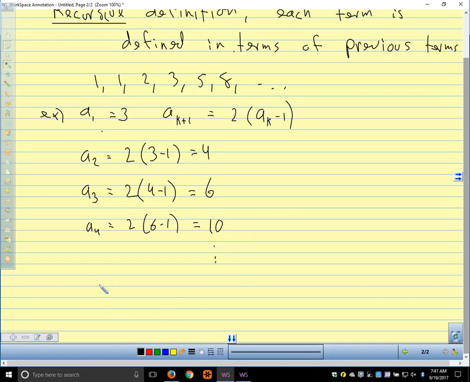So our sequence is 3, 4, 6, 10, dot, dot, dot. Sometimes it is possible to have a recursive definition for your sequence and come up with an explicit definition for it.